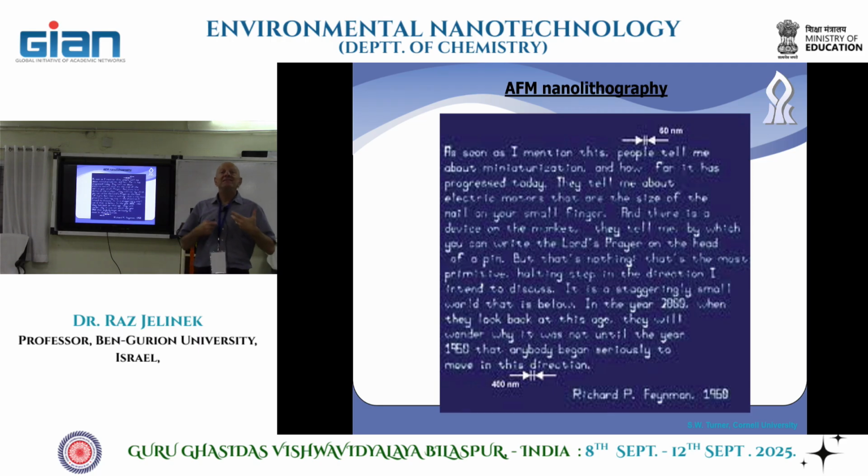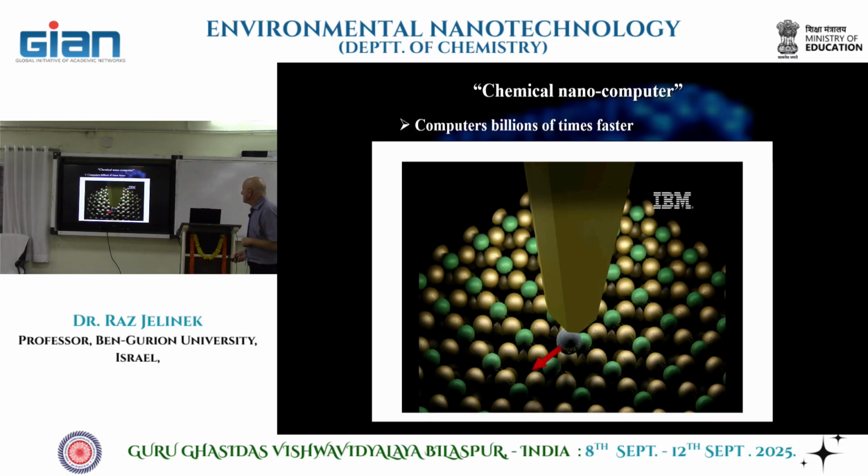You can write the entire Bible on a tiny rice grain. You can actually use the AFM to build new computers, because the tip of the AFM can give you the 0 and the 1, the binary system, which is the basis of all computers.